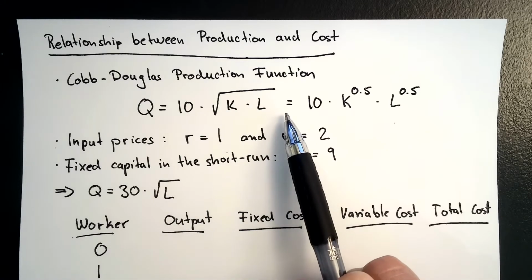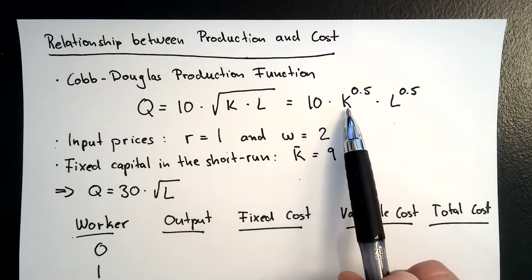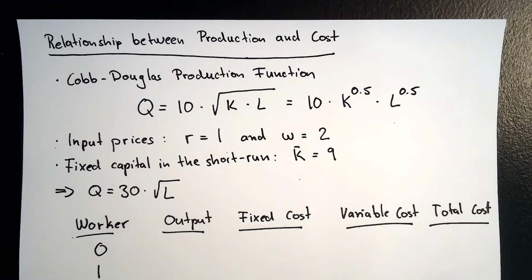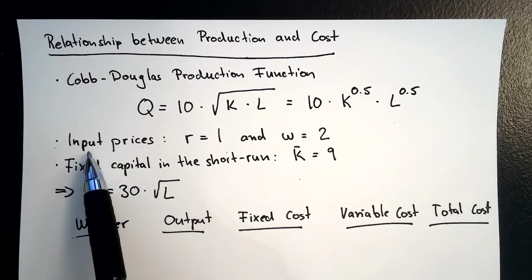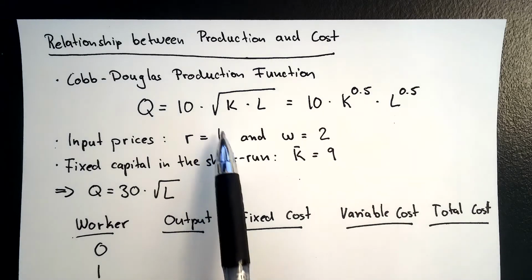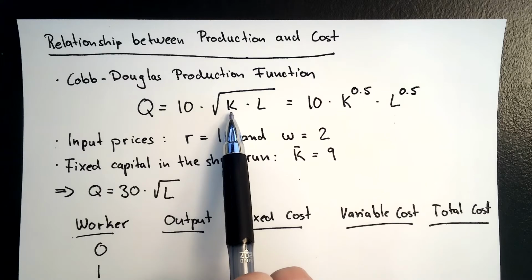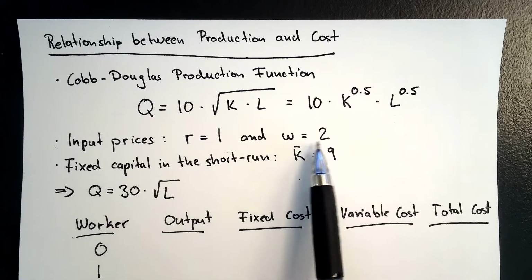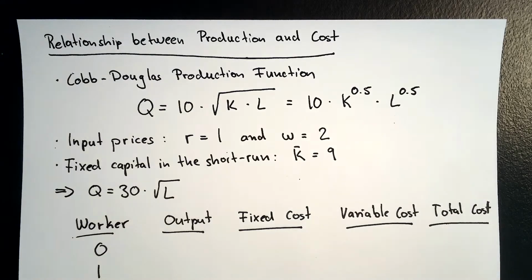This can also be written as K to the power of 0.5 and L to the power of 0.5. We have two inputs, K and L, and the price of capital is R equal to 1 per unit, and the wage is equal to 2 per unit of labor.